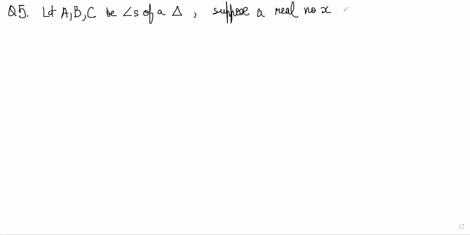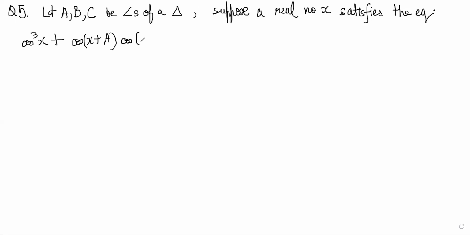Question number 5. We are given that ABC are the angles of a triangle. Suppose a real number x satisfies the equation cos cube x plus cos of (x plus a), cos of (x plus b), cos of (x plus c) is equal to 0.